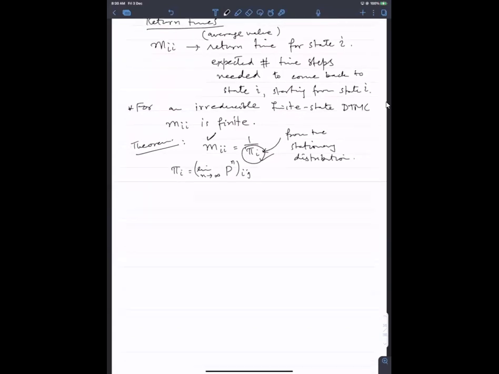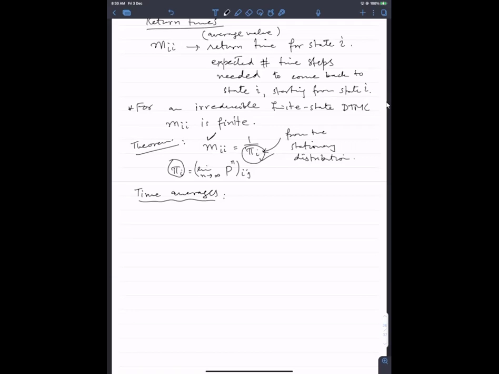So I'm going to also talk about what we call time averages. Intuitively this is similar to pi i, but it's a different way of looking at it. Pi i is the probability that when you randomly look at the Markov chain in the steady state, you find your Markov chain in state i.